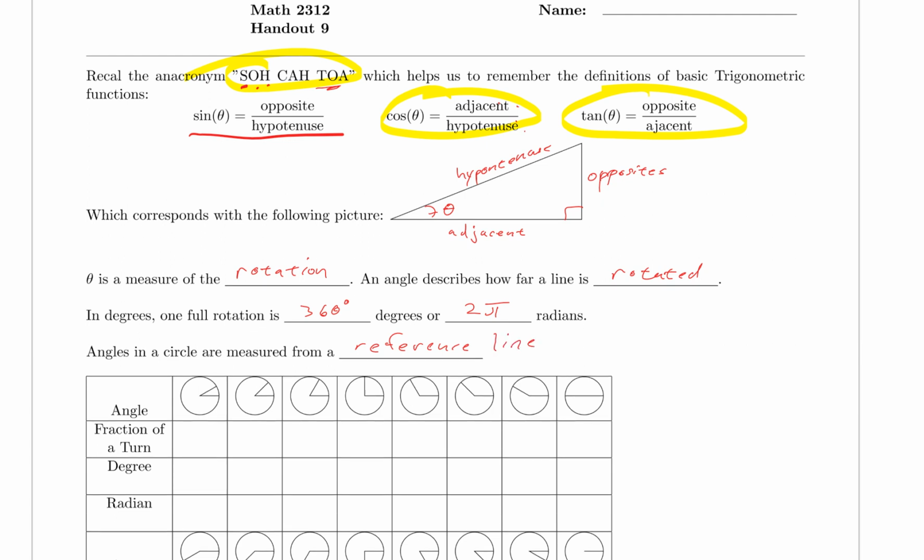So basically you have a circle. You've got a line right there. That's your reference line. And then you've got, how far is this being rotated around? Well, you measure how far it is from that reference line, and that is your angle right there.